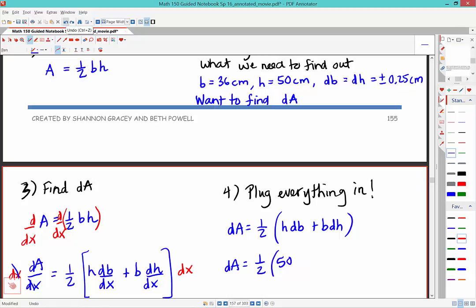And then dB was plus or minus 1/4 centimeter. And then we're going to have plus B, which was 36 times plus or minus a quarter centimeter.